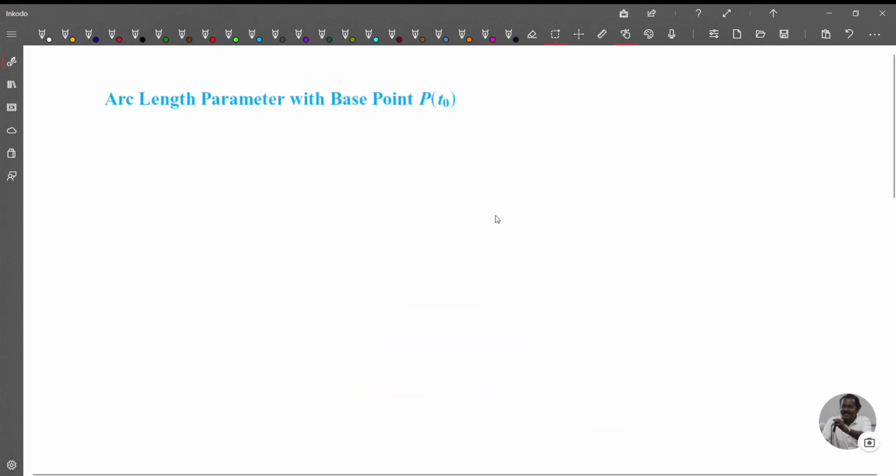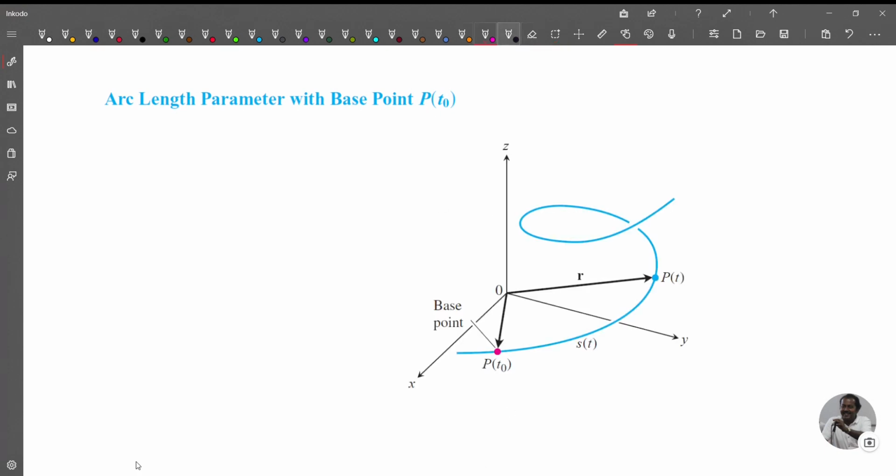Now we discuss arc length parameter with base point P naught. Suppose at a time t equal to t naught, the particle is at P of t naught, and at a time t, suppose the particle is at P of t. Then the directed distance travelled by the particle between P of t naught and P of t along the curve is s of t. S of t is known as the arc length parameter with base point P of t naught.